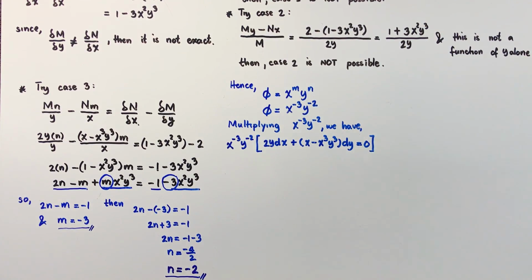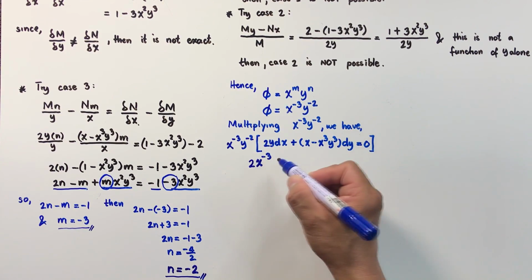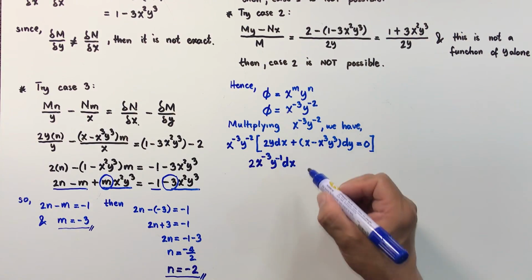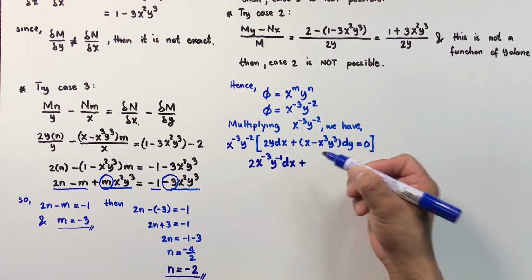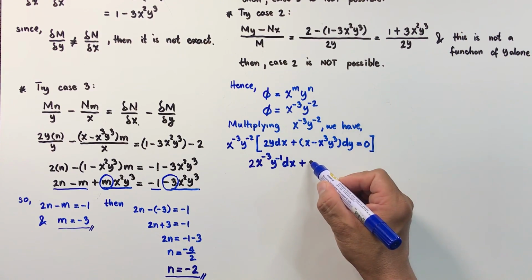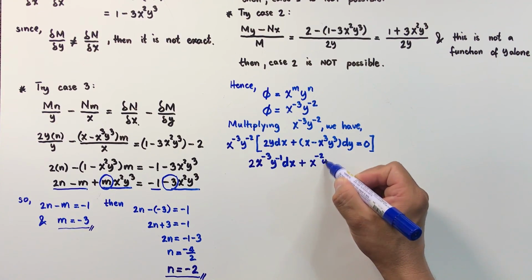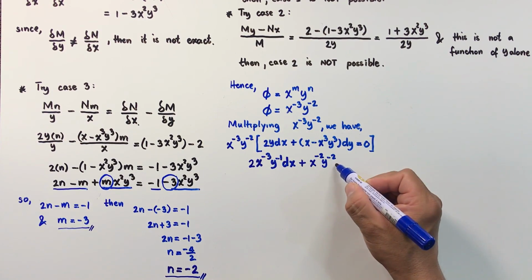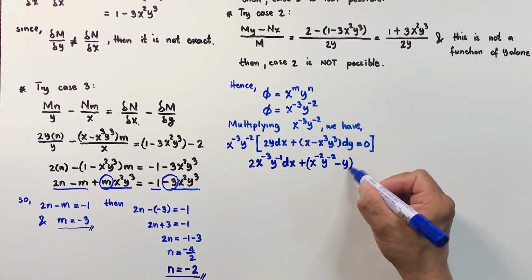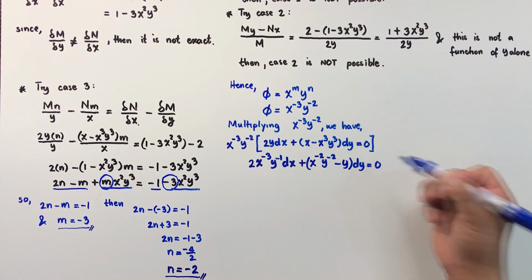We have 2x to the power negative 3 and y to the power negative 1 dx plus this x, when multiplied by x to the power negative 3, we have x to the power negative 2 y to the power negative 2 minus y. So this is multiplied also by dy, which is equal to 0.